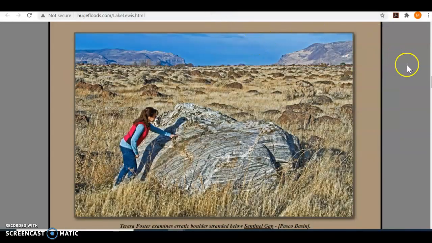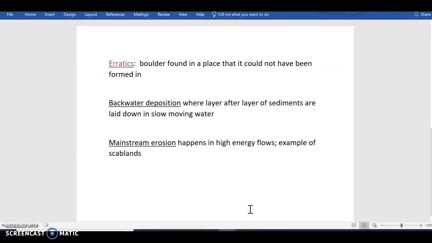And then the next set of things I want to focus on a little bit is what happened in environments where there was either slow moving water or very rapid erosive high velocity water.